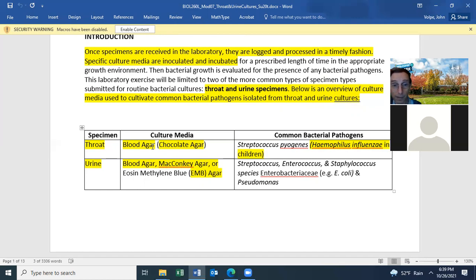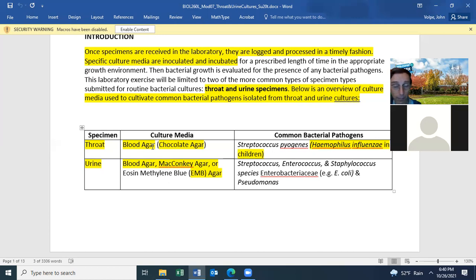For urine specimens, we use blood agar and either MacConkey's or EMB, that's eosin methylene blue agar. On blood agar, we can grow the pathogens in urine which are gram positive, like Streptococcus, Enterococcus, and Staphylococcus.